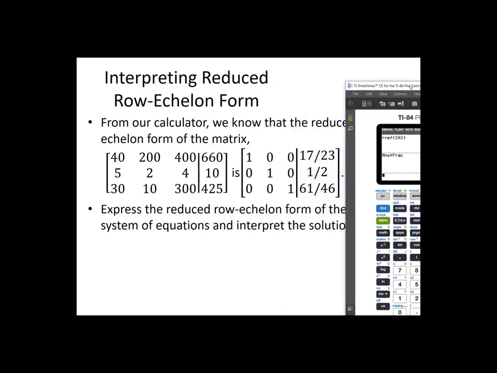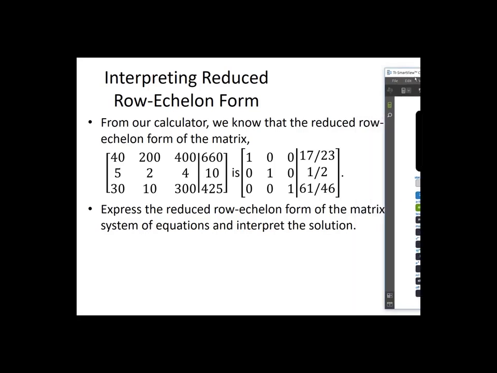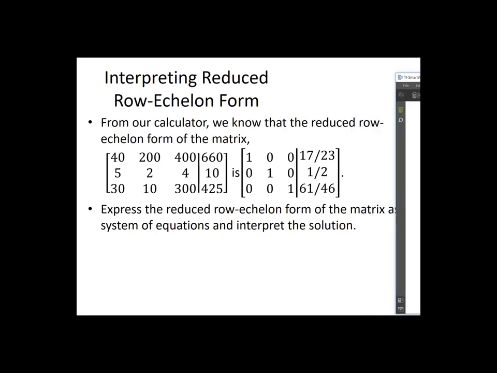Now, from our calculator, we know the reduced row echelon form of this, we'll just use this as an example. This is slightly different than the one we started with: this matrix beginning with 40, 200, 400, 660, second row 5, 2, 4, 10, and the final row of 30, 10, 300, and 425.